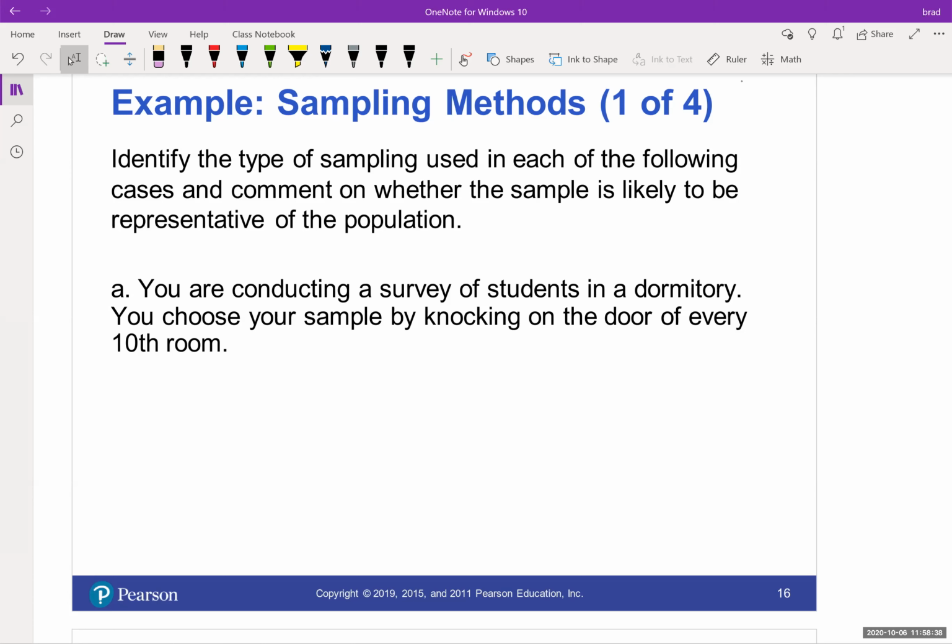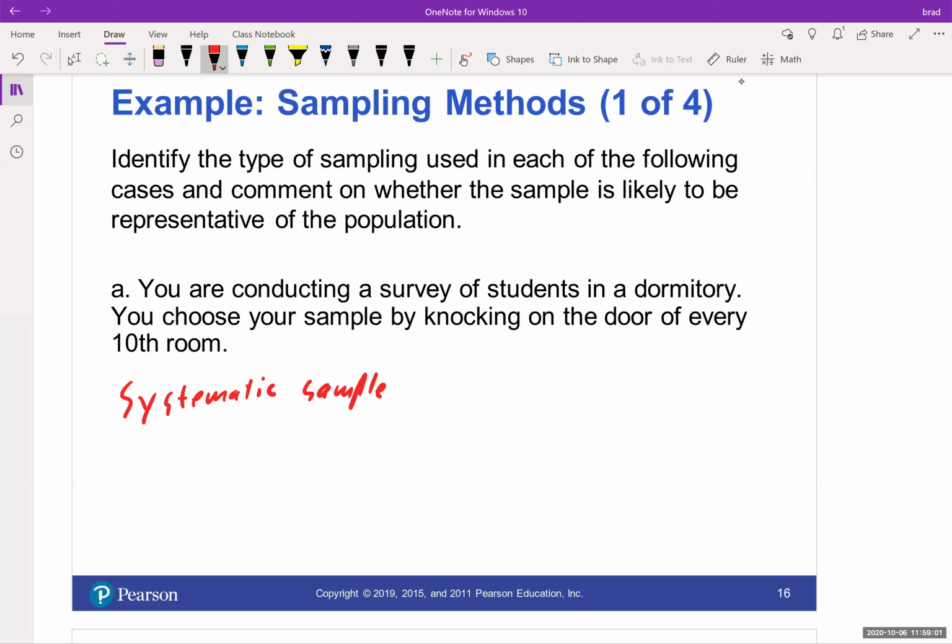Okay, so this first one, it says you are conducting a survey of students in a dormitory. You choose your sample by knocking on the door of every 10th room. So I think it's obvious every 10th room is similar to the house problem of every 15th house. So this is systematic sampling.